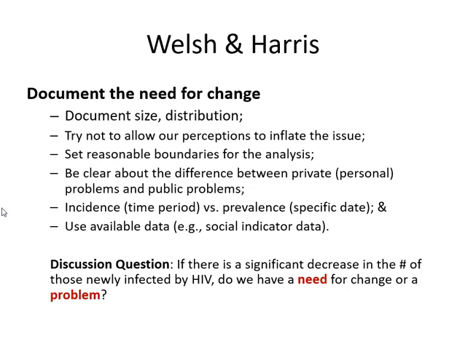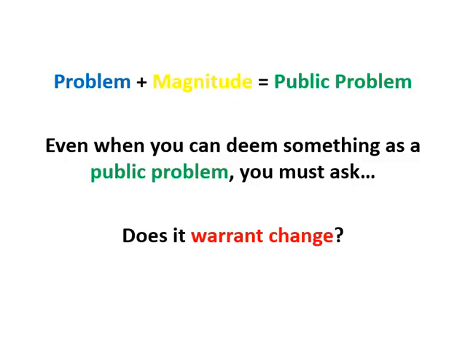And if I wasn't put on pause, here's the answer. It's a trick question. If we are already addressing a problem and we see a decrease, there's not a need for a change in the policy approach. However, it is still a public problem. So this example highlights key factors.